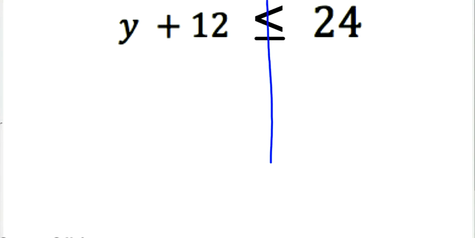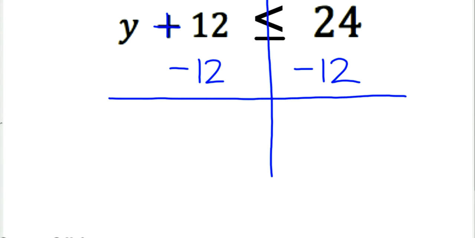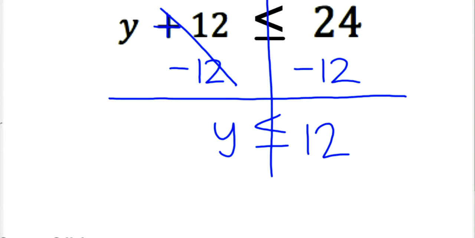Drawing my vertical line through my inequality symbol, the inverse operation of positive 12 is negative 12. The opposite of addition is subtraction. I'm canceling my 12s. I'm left with Y, bringing down my less than or equal to inequality symbol, and 24 and negative 12, positives are going to win by 12. So Y is less than or equal to 12.